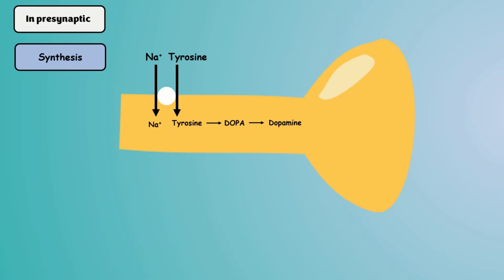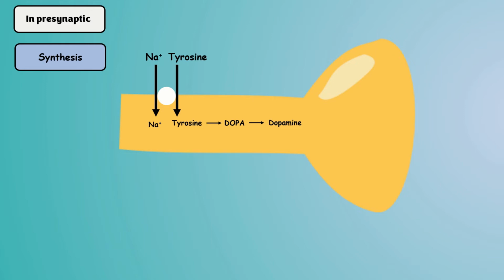the synaptic cleft. In synthesis, tyrosine is transported by a carrier into the adrenergic neuron, where it is hydroxylated to dihydroxyphenylalanine, or in short known as DOPA, by tyrosine hydroxylase. This is the rate-limiting step in the formation of norepinephrine.